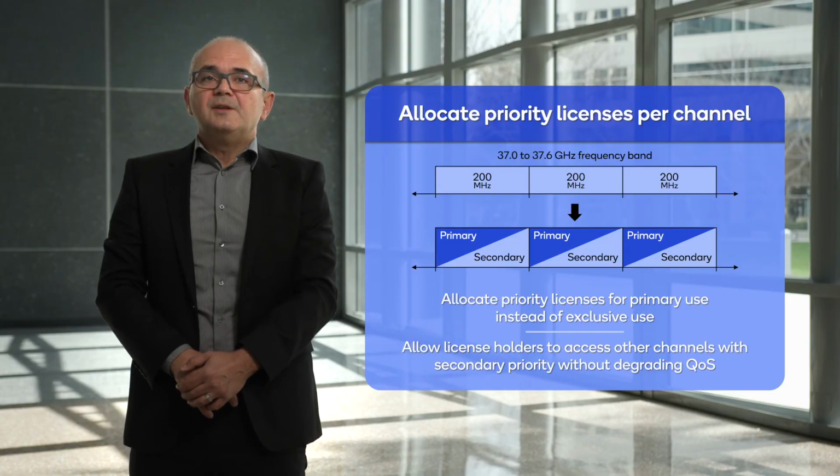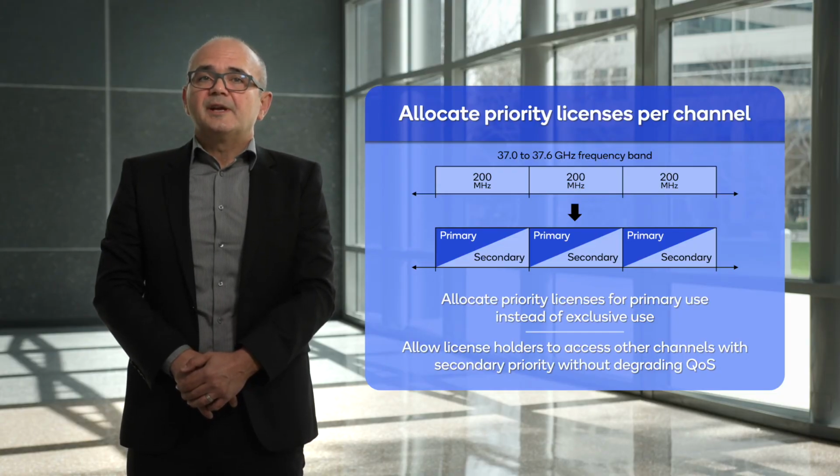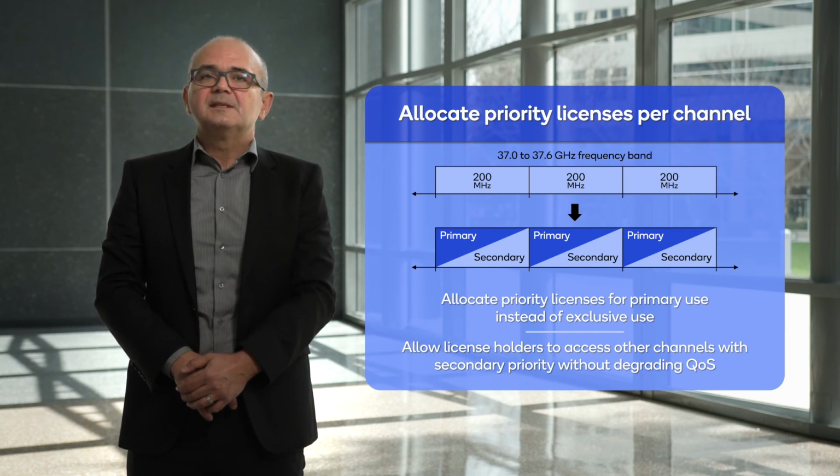We demonstrate a new technology-neutral method for sharing the 37 to 37.6 GHz frequency band by allocating priority licenses for primary use instead of exclusive use. We also allow license holders to access other channels with secondary priority without degrading their service.